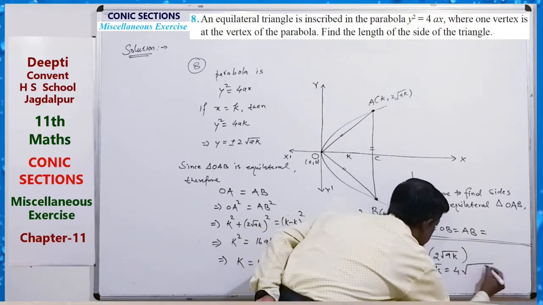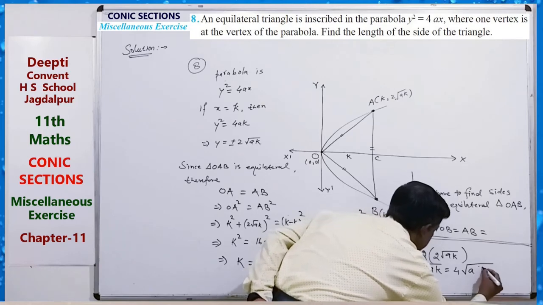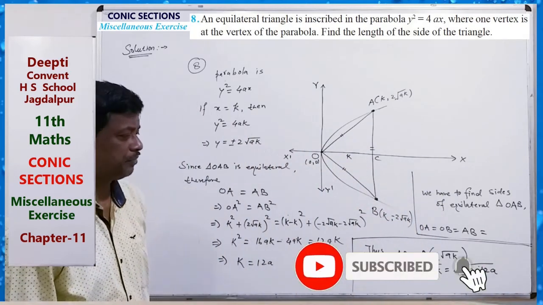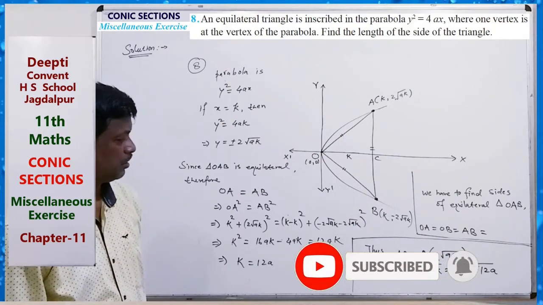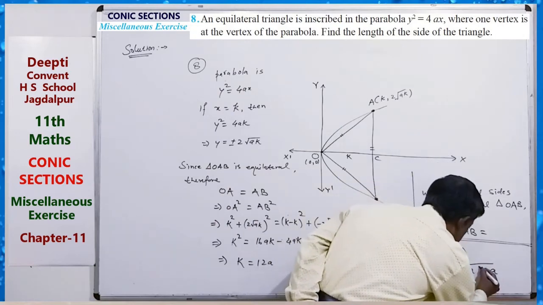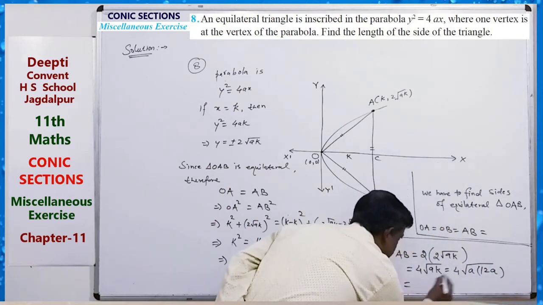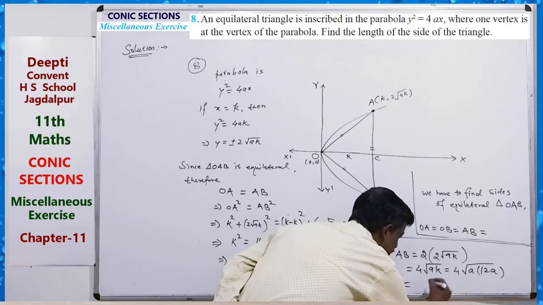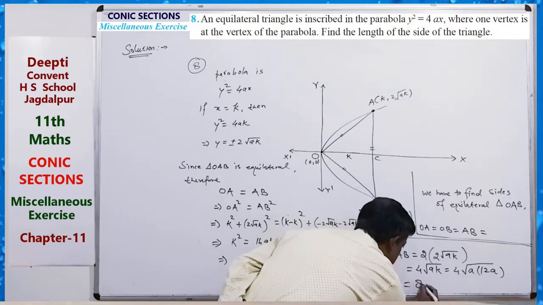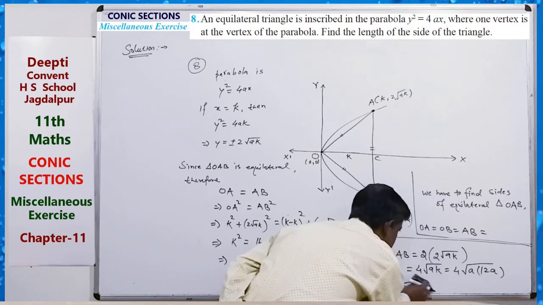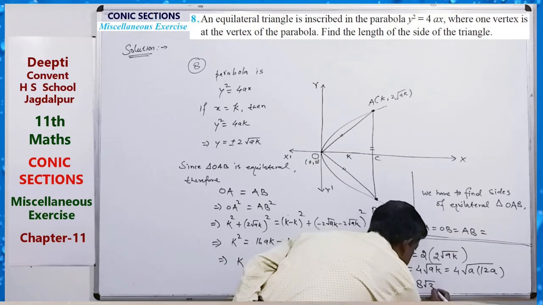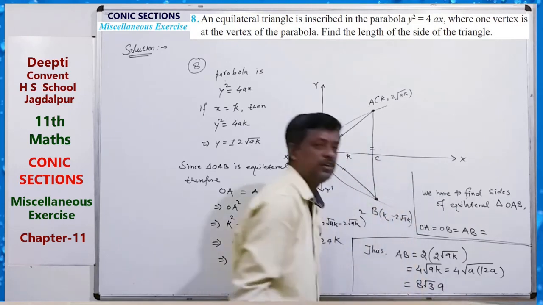With k equals 12a, we can write 8 root 3a.